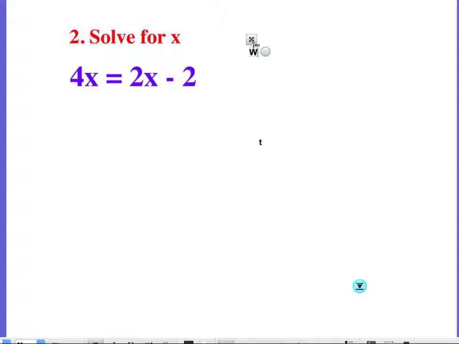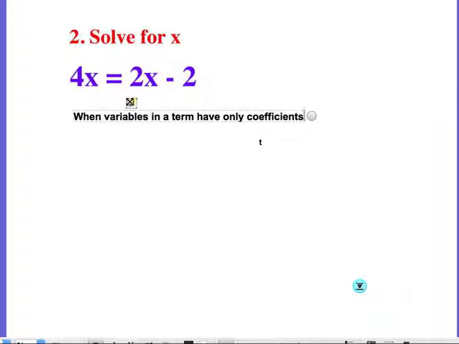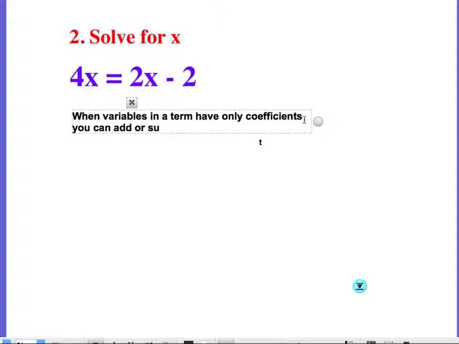So when variables in a term have only coefficients, you can add or subtract the terms so that the variables are on the same side.